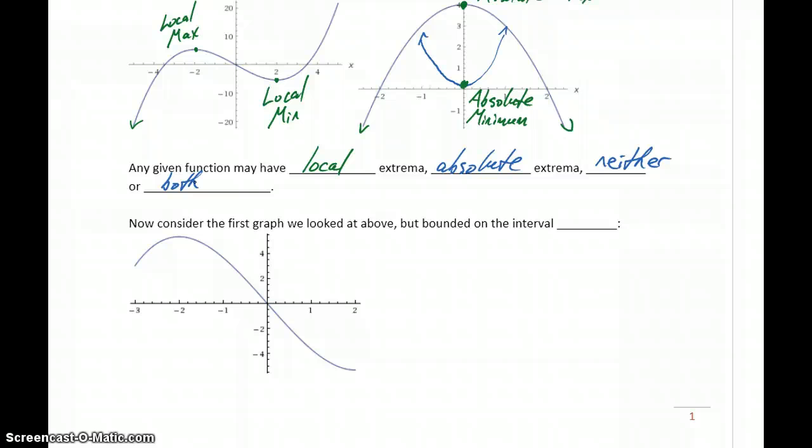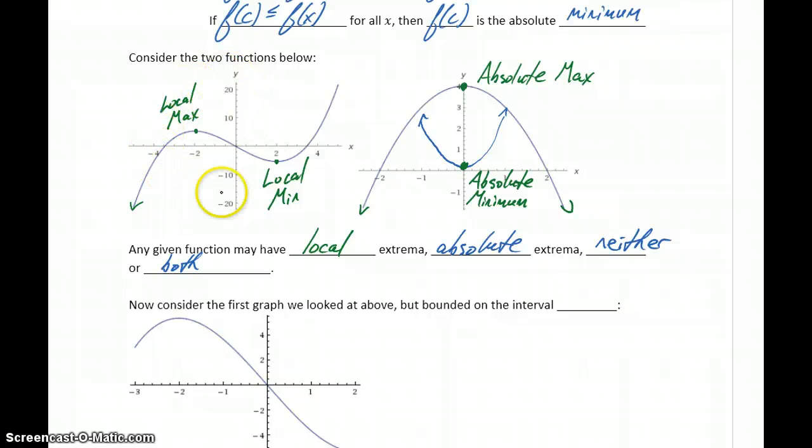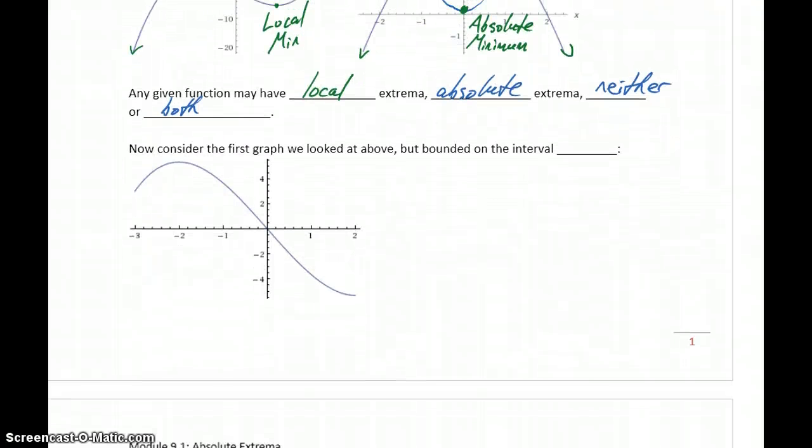Now let's go back and take a look at that first graph that we were considering before. So this graph on the left that had a local maximum and a local minimum. If instead of considering that graph for all values of x, we restricted it to the interval of -3, 2. And we're considering it on that closed interval. So -3 is included, 2 is included in the domain that we're looking at now. So now this is the curve of our function.